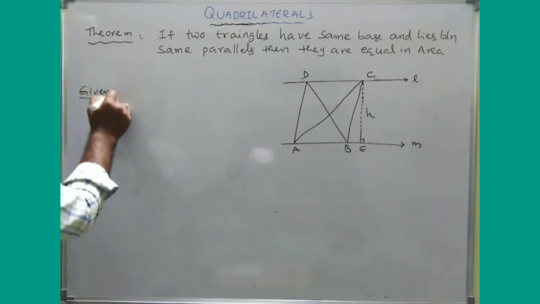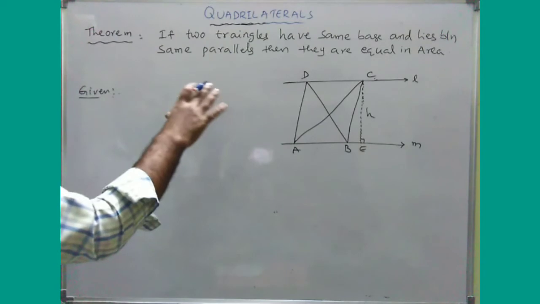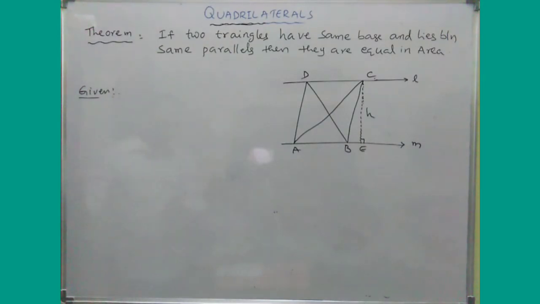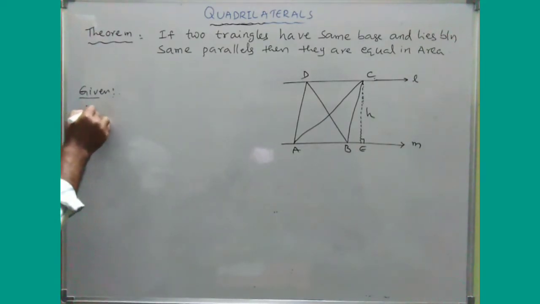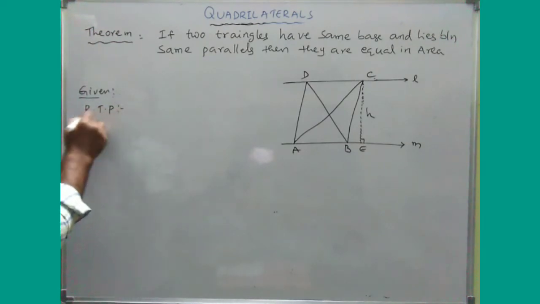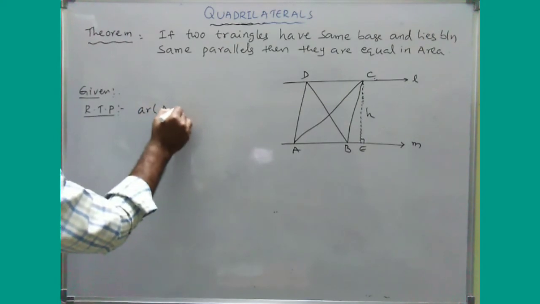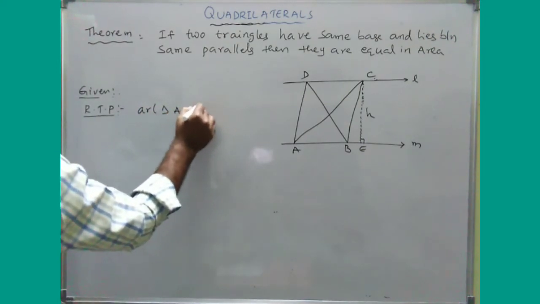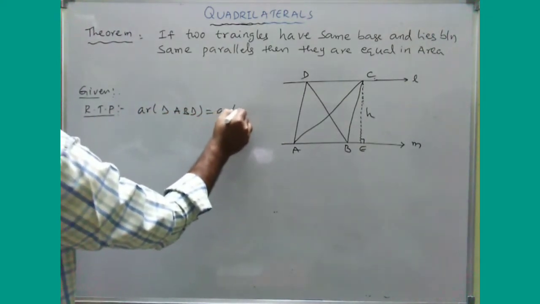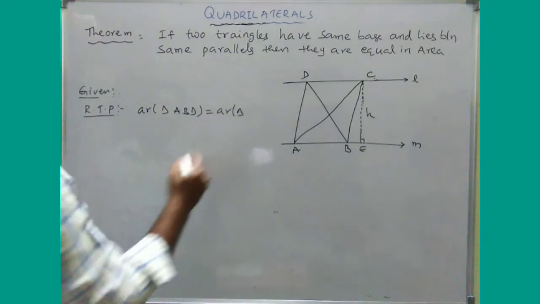First, you can write what is given. Given that two triangles have the same base and lie between the same parallel lines. And what we need to prove here is that the area of triangle ABD is equal to the area of triangle ABC.